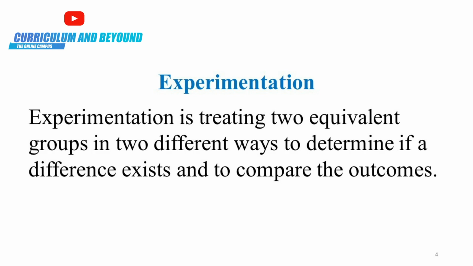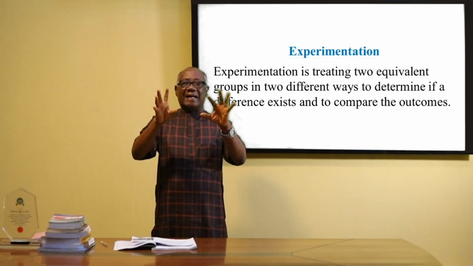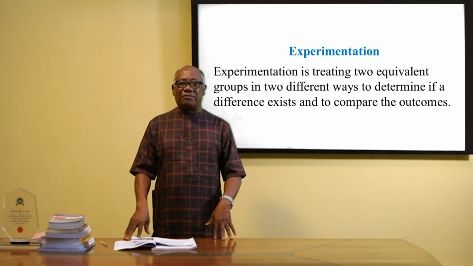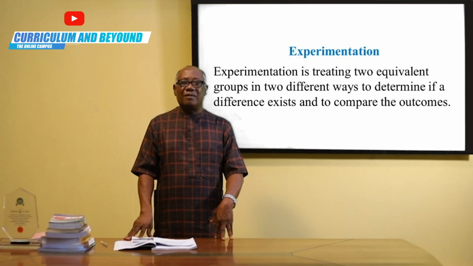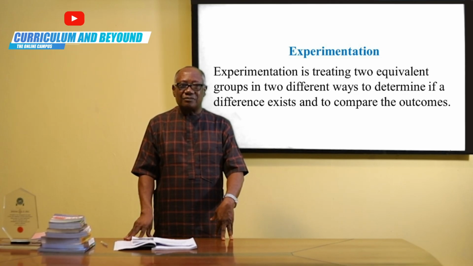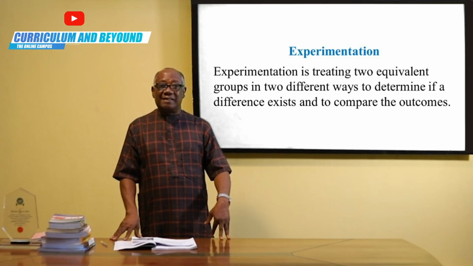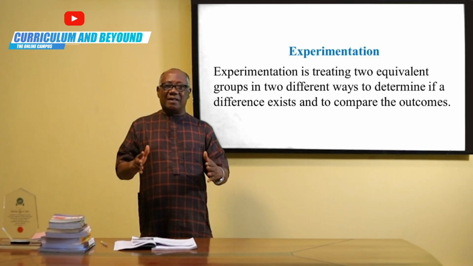If the outcome, which is the dependent variable, shows that they are different, then you know that what is responsible for that difference is the method of treatment. Now, in this case, you decide, what am I going to use to know whether difference will exist?